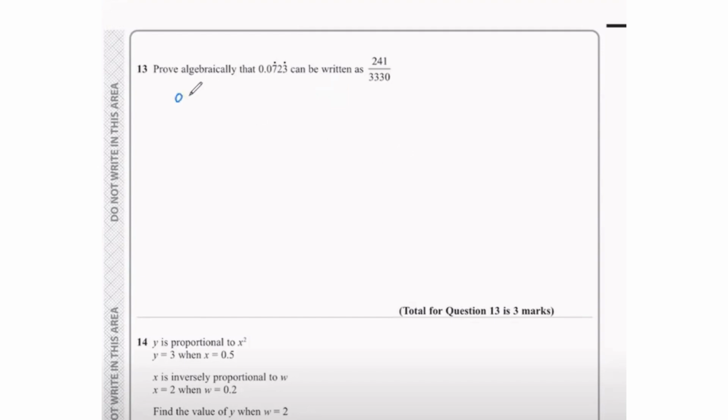So first we need to see that if we write this 0.723 as a recurring number, that's going to be like 0.0723723.